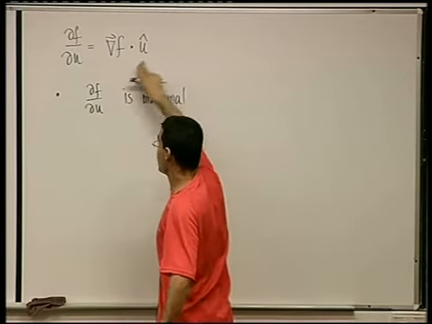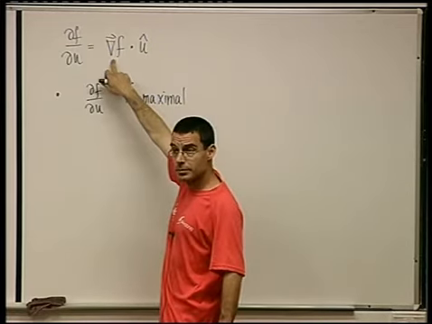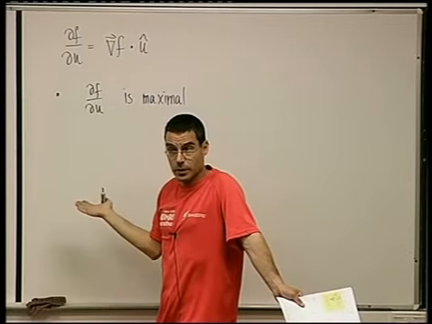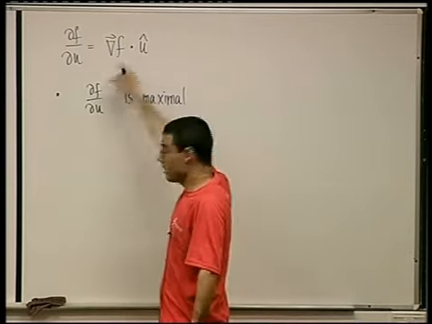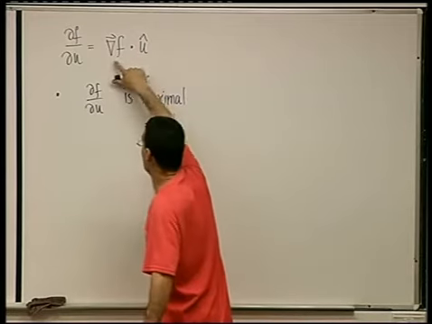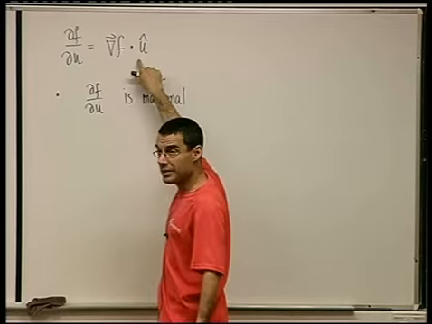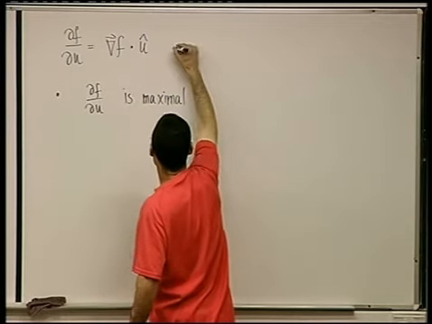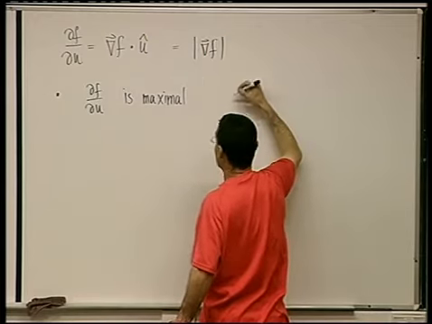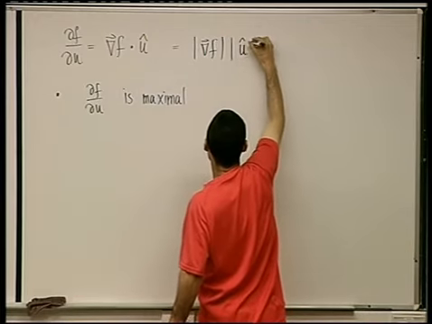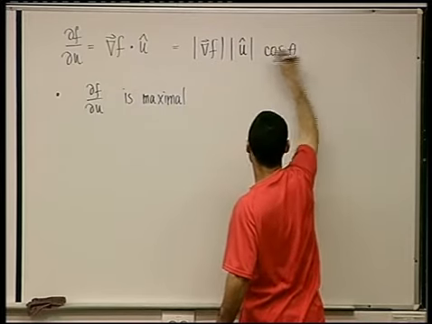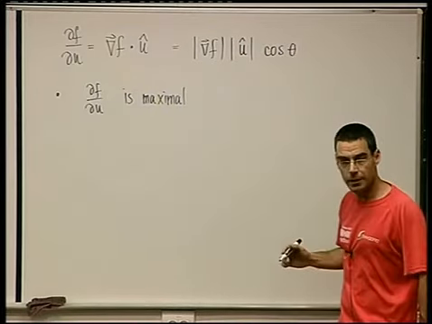Now the gradient is fixed. You're standing at a point, so the only thing that can vary is the direction. So when is this scalar product going to be maximal? It's the length of the gradient of f, times the length of u, times cosine of theta, where theta is the angle between the two.